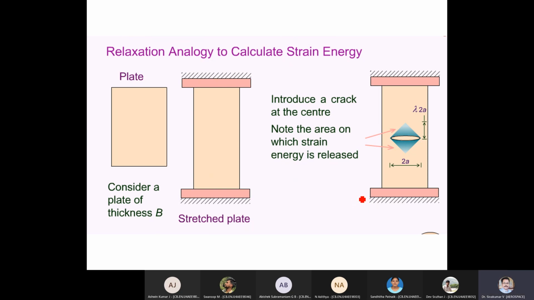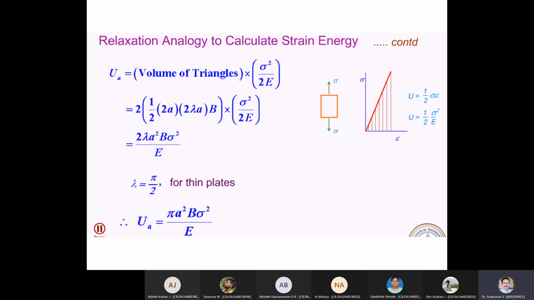So what is this particular length? This is 2a, the crack length. And what is this length? The magnitude is lambda times 2a. So how to calculate the energy which is released?